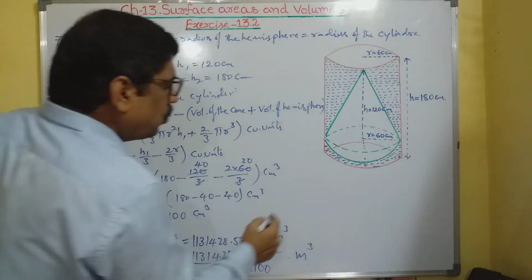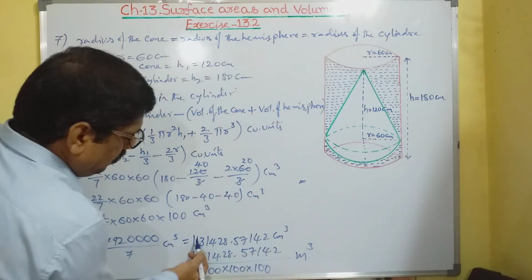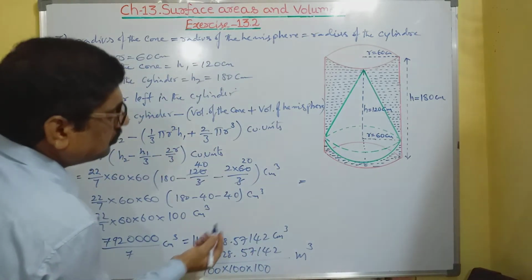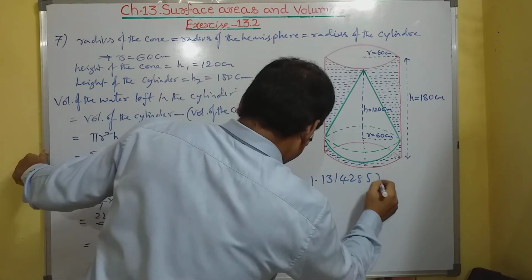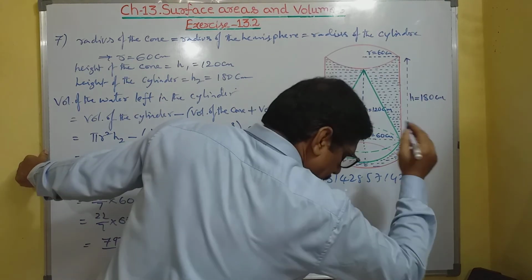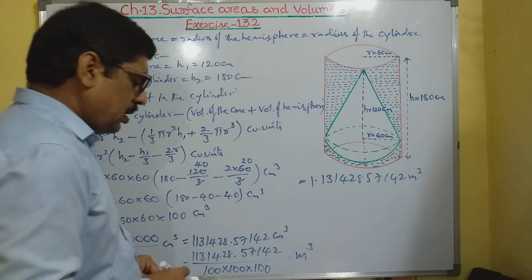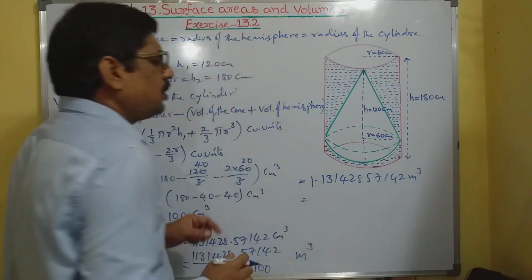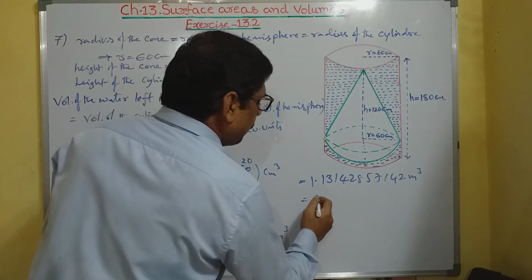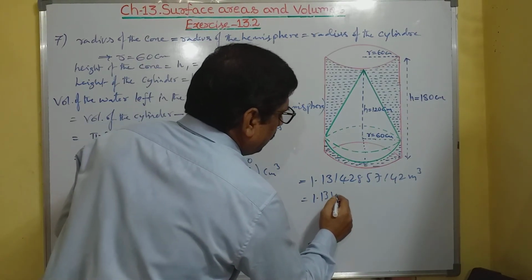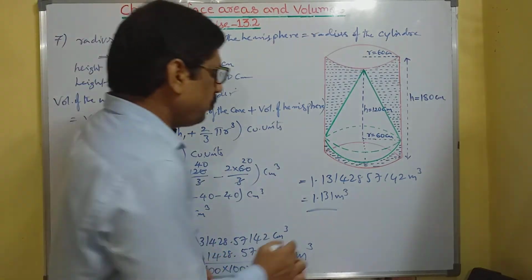The decimal point will move 6 places to the left, 1, 2, 3, 4, 5, 6, so we get 1.1314285742 meter cube. Let us correct to 3 decimal places: 1.131 meter cube. This is approximately the water.